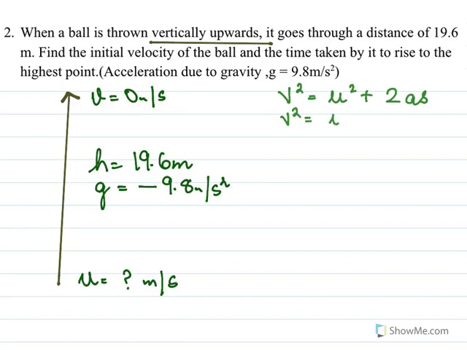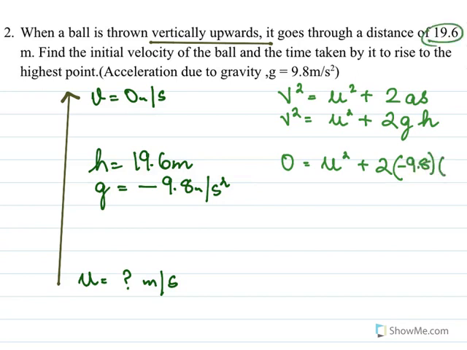That becomes V square equal to U square plus 2, the A is G and the S is height. We have seen that V is 0, so this is 0. U square we do not know, G is minus 9.8, and the H we saw is 19.6.